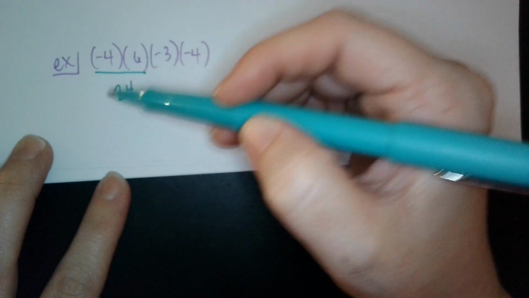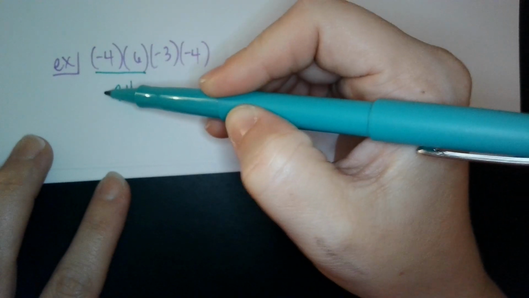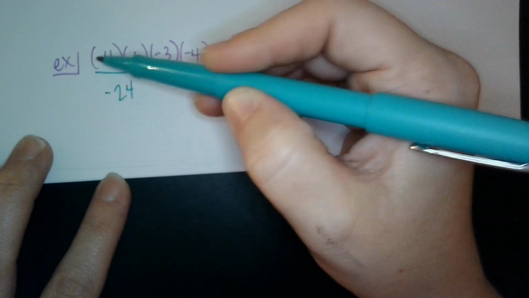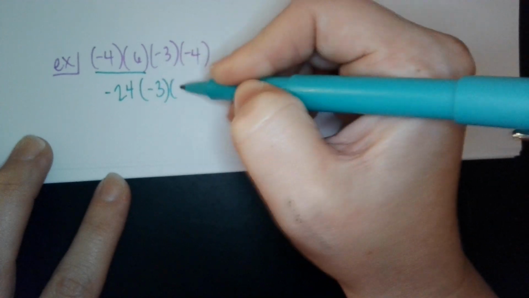Negative 4 times 6. Abby, what's 4 times 6? 24. And Abby, this is the opposite of positive, so our 24 is going to be what sign? Negative, the opposite of positive. Different signs, negative. Good job. Bring everything else down.